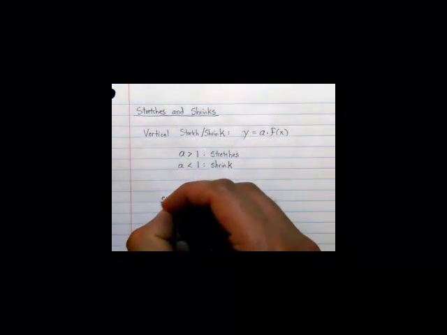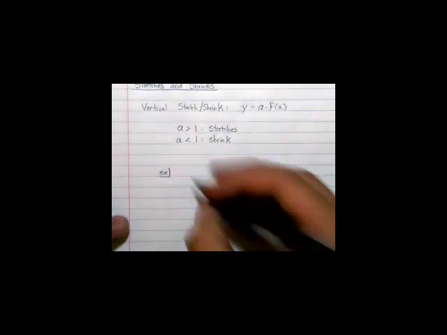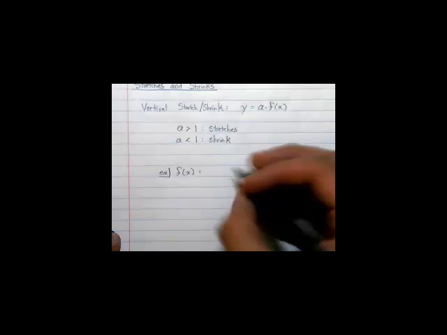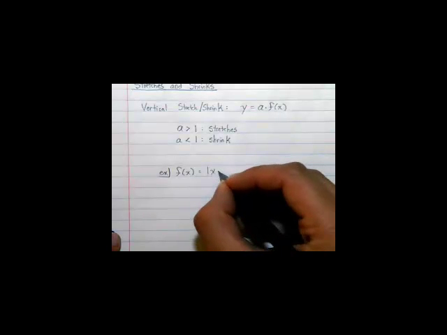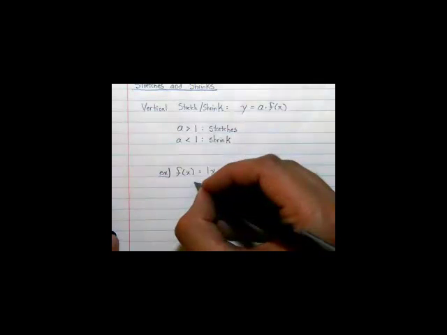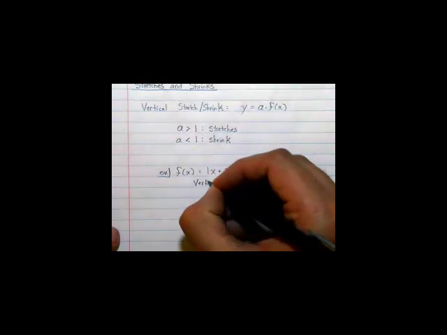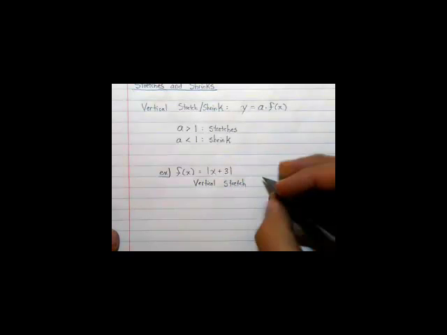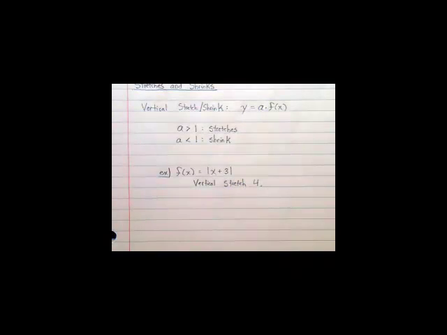So, a quick example of that. Let's say I want to start with the absolute value of x plus 3, and I want a vertical stretch of 4 to that thing.